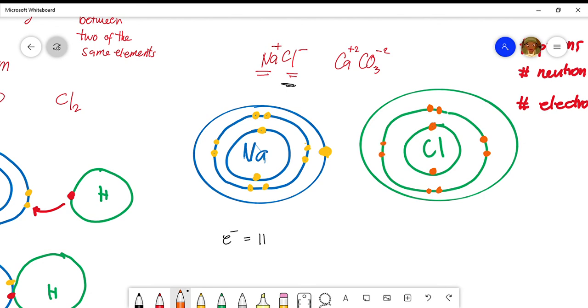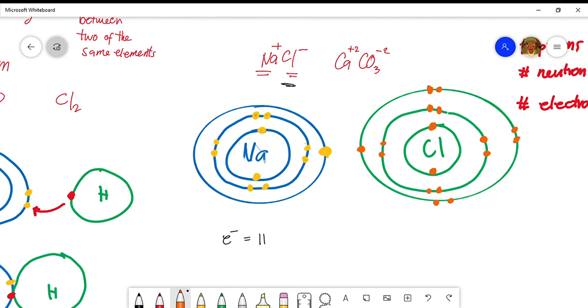And the third energy level can carry 18, but we only need 7.